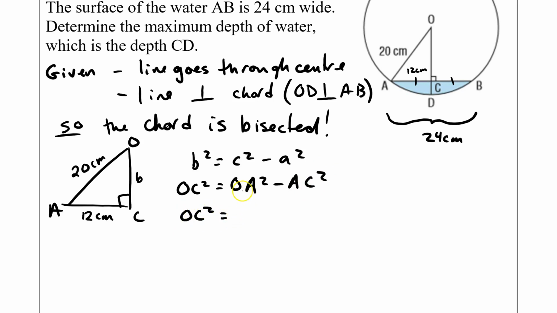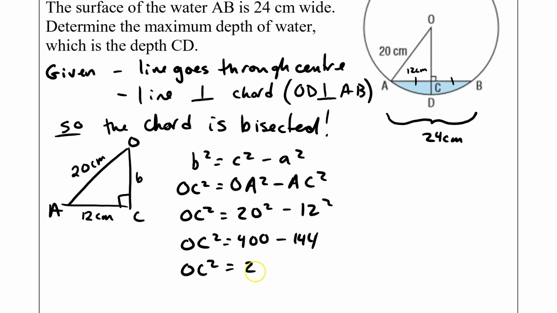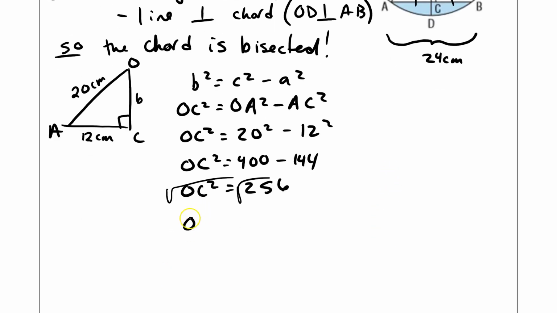OC squared equals OA is 20, so 20 squared minus AC is 12, so 12 squared. OC squared equals 400 minus 144. OC squared is 256. Ooh, that's nice. That's a perfect square. So I'm taking the square root of both sides. OC equals 16 centimeters.